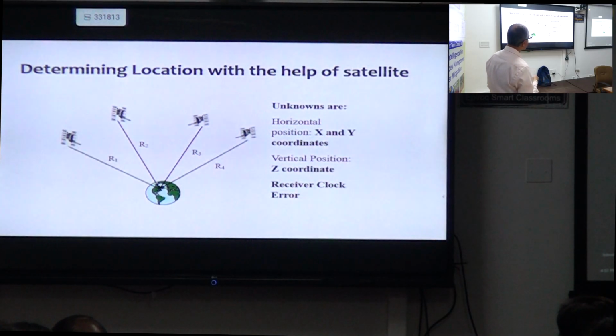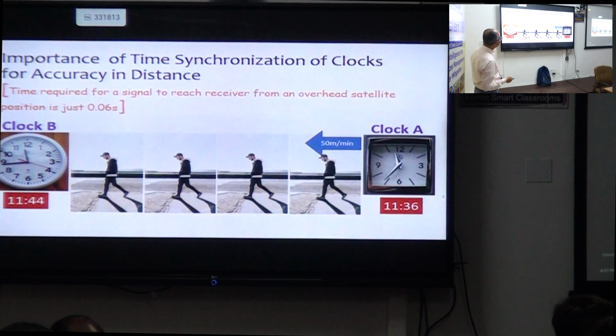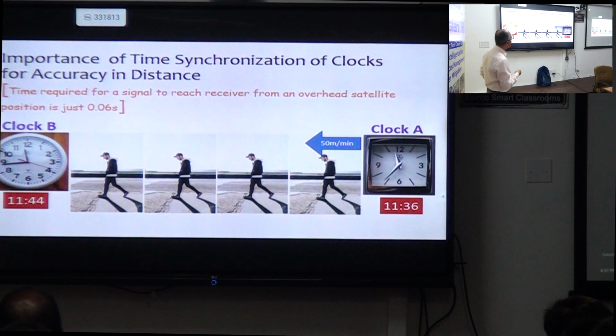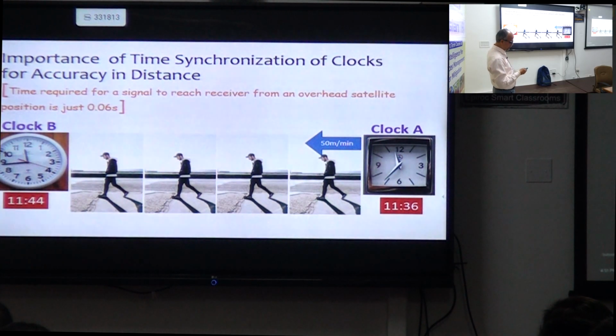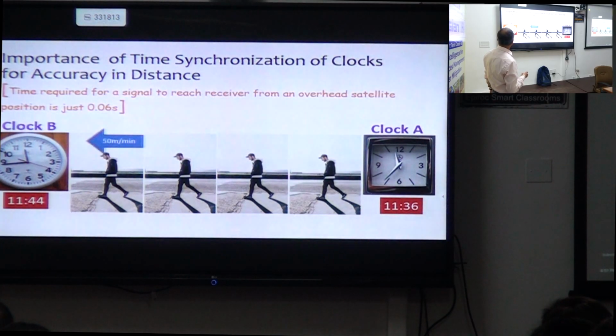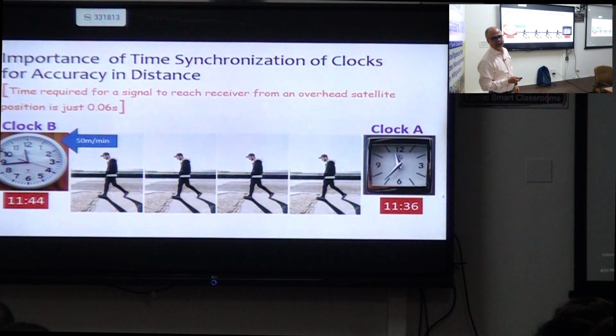Now, let me put a small arithmetic problem to all of you. I have started from the position A, and I am moving with a speed of, say, 50 meter per minute, and I have reached the position B. But unfortunately, I am not wearing a watch.